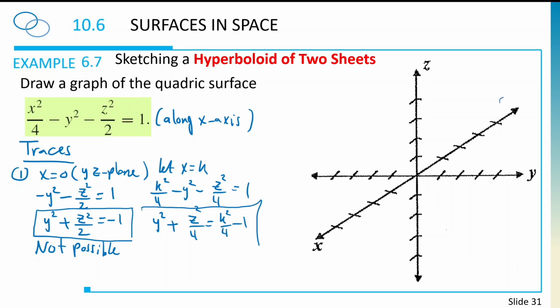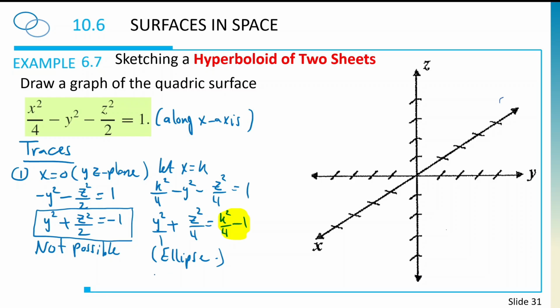And this is an equation of a circle. This is an ellipse, sorry. This is an ellipse. Okay. Now to have this ellipse defined, what do we need? I need this value to be positive.